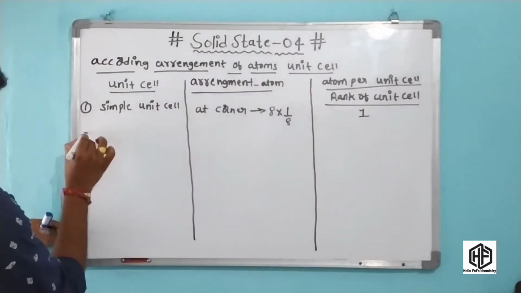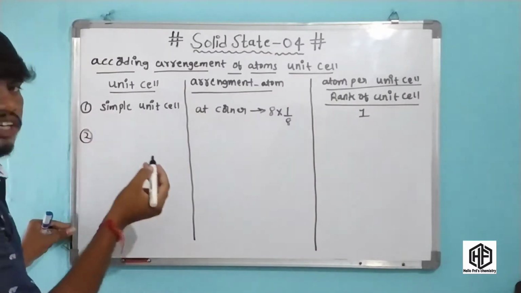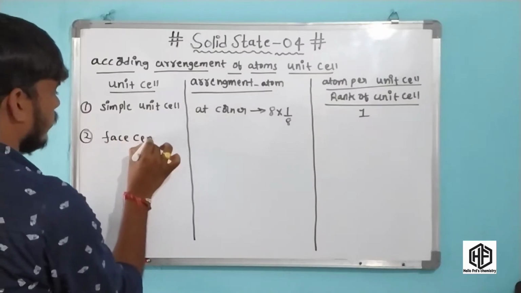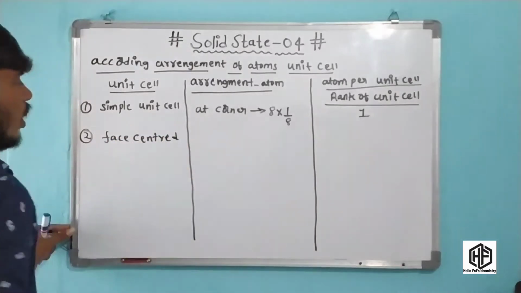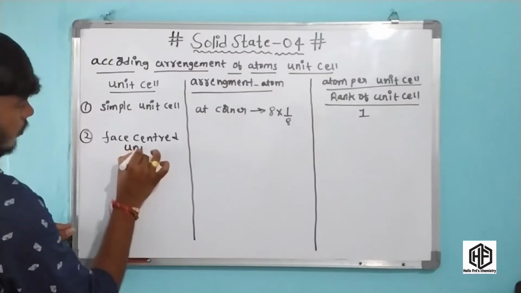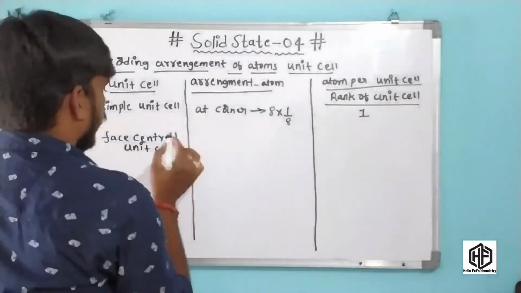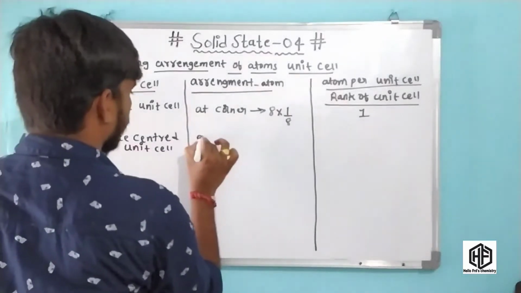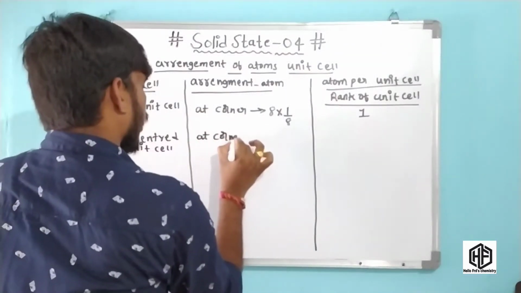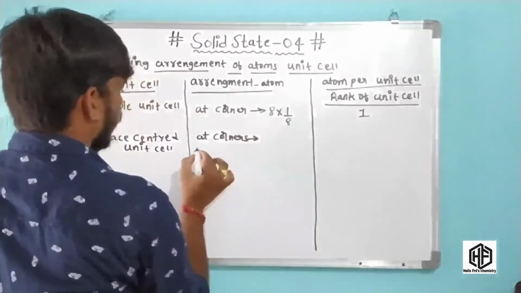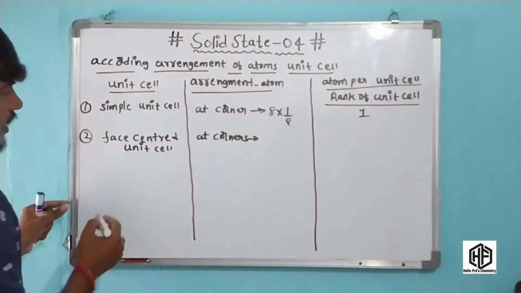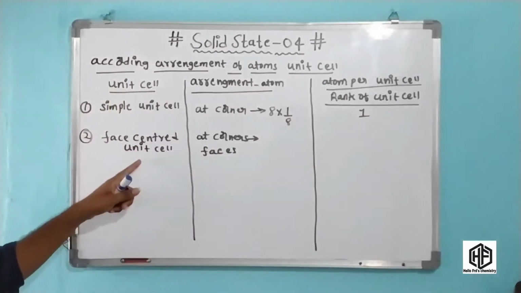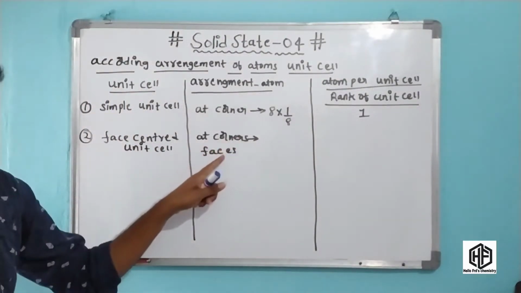Okay friends, the second one is the centered unit cell, and the first important one is the face centered unit cell. In the face centered unit cell, atoms are arranged at corners and faces.